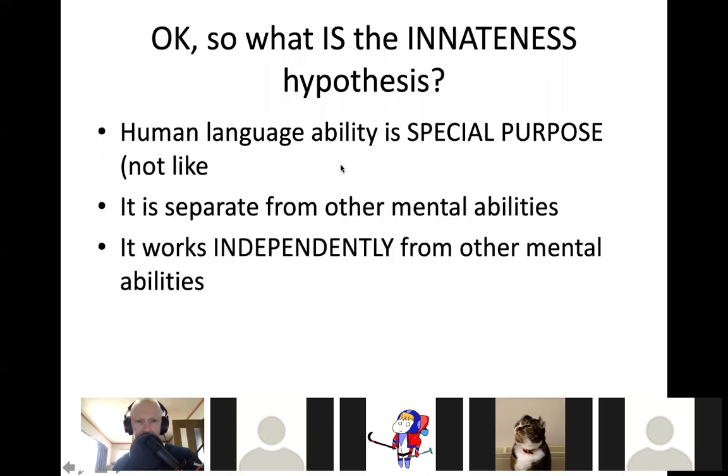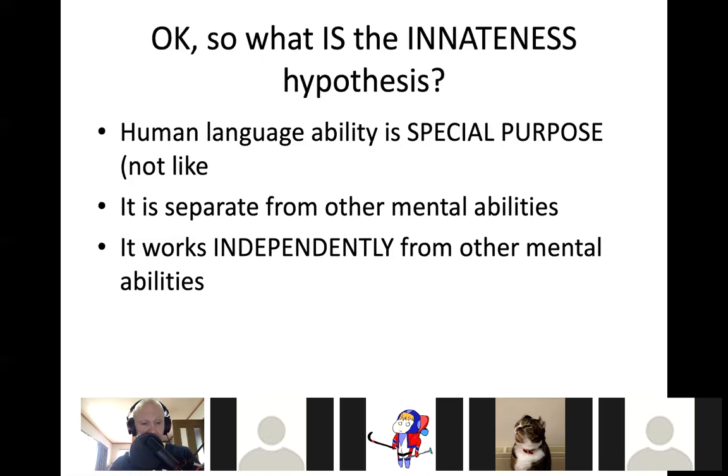Separate from other mental abilities. It works independently from other mental abilities. So it's not ordinary thinking, and it's separate from ordinary thinking. So it's special purpose. That's kind of important, right? It's not just that we're better at human language than animals. That's not the point. It's that we're born with special rules in our brain, special language rules, and these special language rules are not just ordinary thinking.